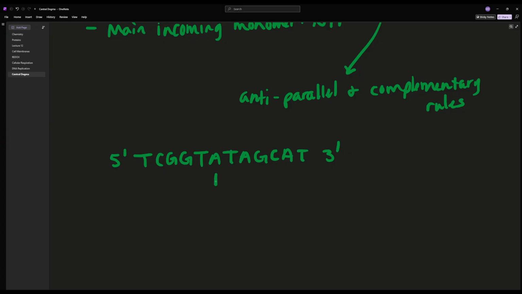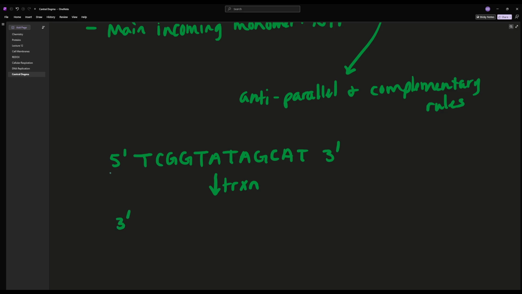Okay, and we wanted to transcribe this. We're going to use anti-parallel and complementary rules because this is now double-stranded nucleic acids. During the transcription period, you will actually form what's called the DNA-RNA hybrid. But the two strands are still going to be anti-parallel and complementary.